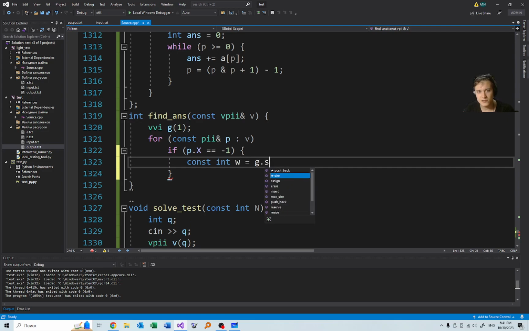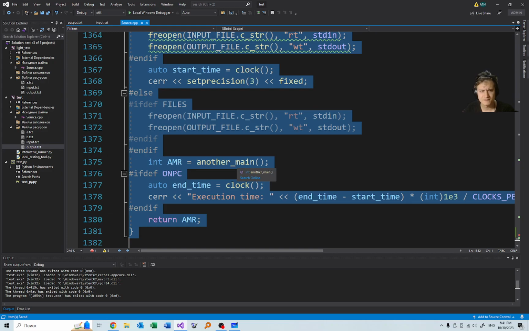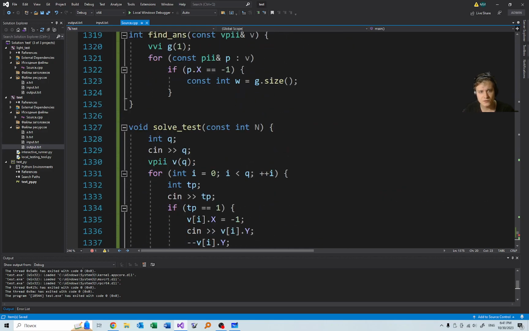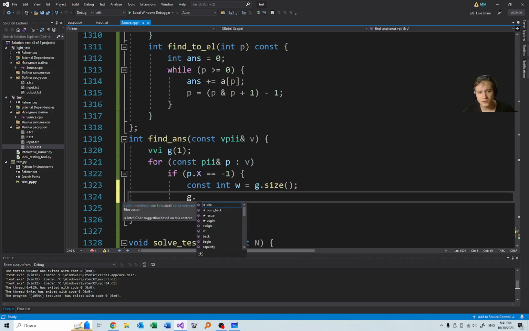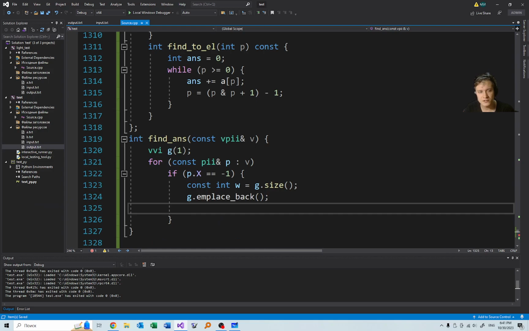This is g.size. Then I say g.emplace_back. So we add a new vertex in G, and then we need to add it as a neighbor of our current vertex. So we say G of p.y.push_back double.